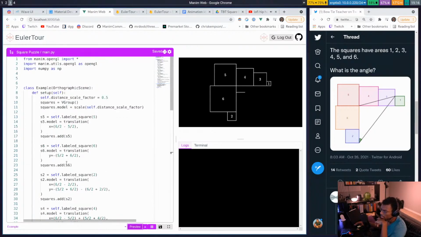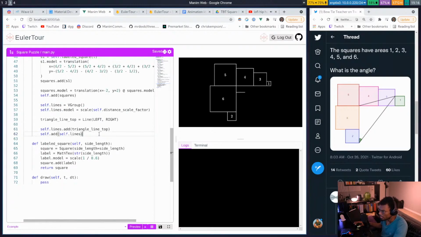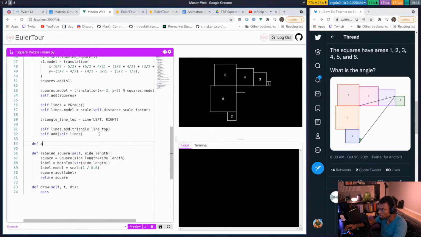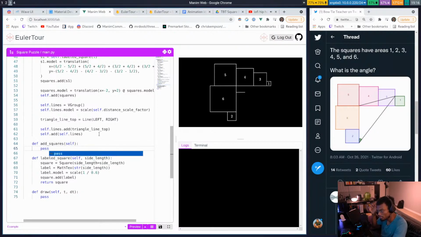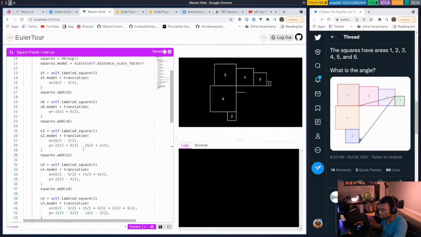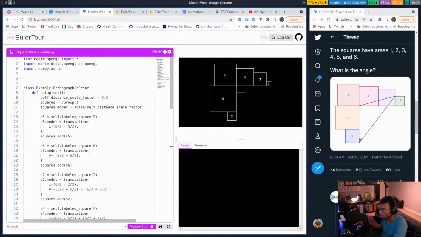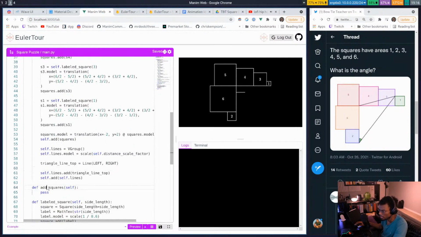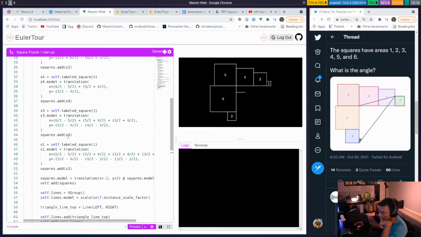I really want to move all the square setup code into its own function. That'll just make this a lot cleaner. So I just do like an add squares. Just self. That can actually return this V group of squares. Yeah, this could be get squares or something. Or it could just be like setup squares. I can just add it as well.